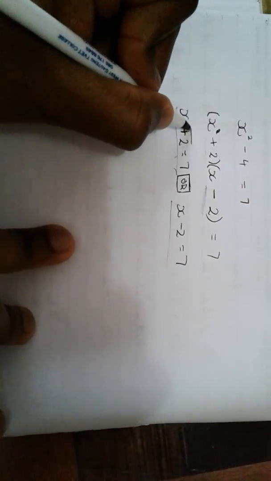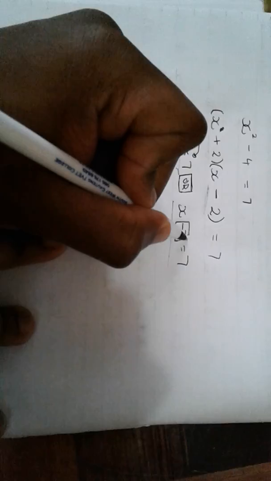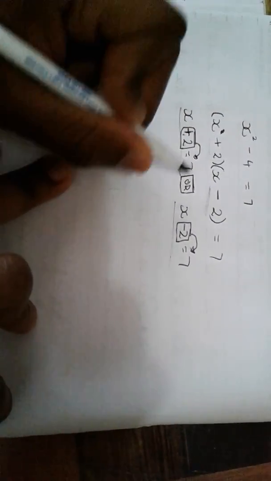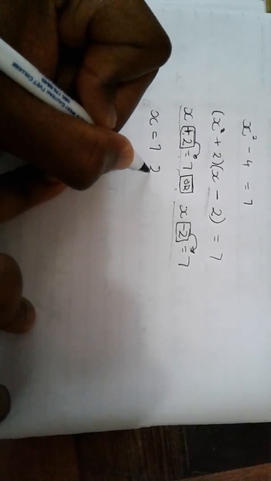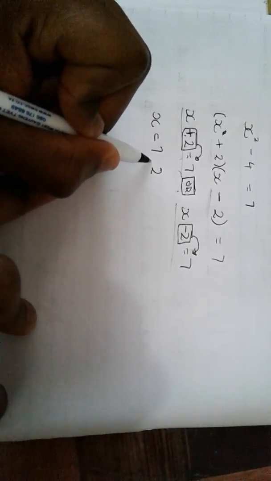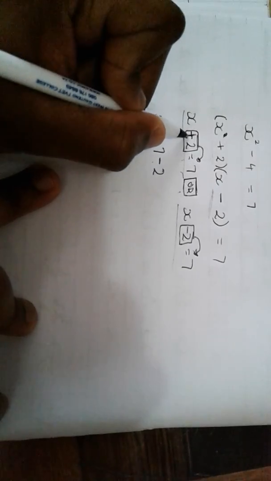So you take this one, your positive 2 here, to the other side. And take this one also to the other side. If you take this one to the other side, it's going to be x is equal to 7 and 2. Is this positive or negative? Negative, because here it was positive and it jumped the equal sign.